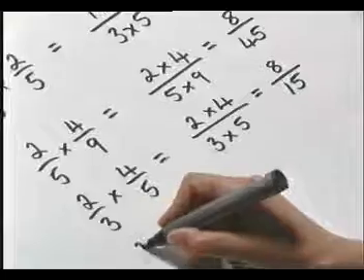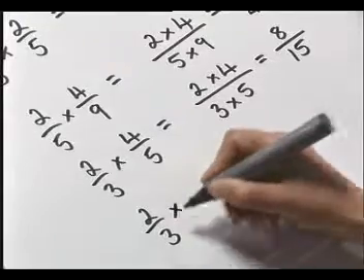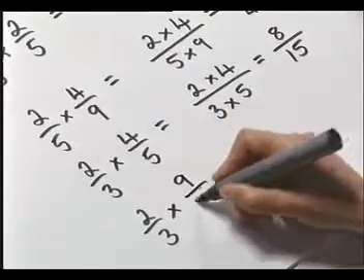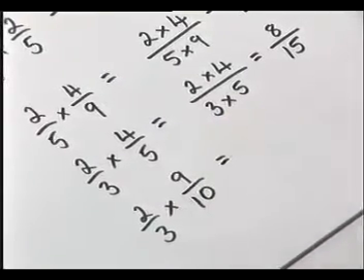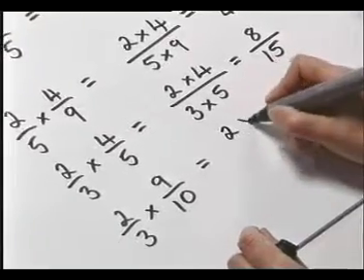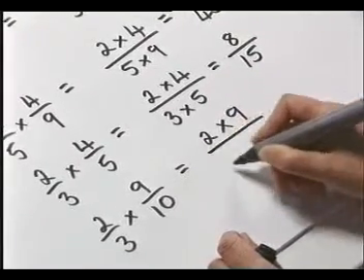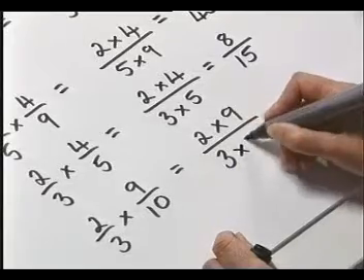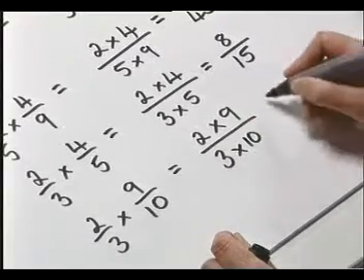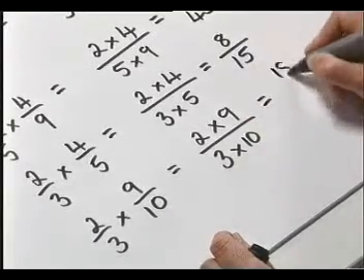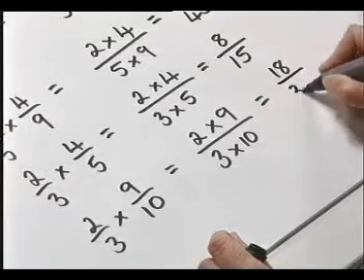Let's do another example. This time, let's have 2/3 multiplied by 9/10. So we have 2 times 9 divided by 3 times 10. 2 9s are 18, 3 10s are 30.